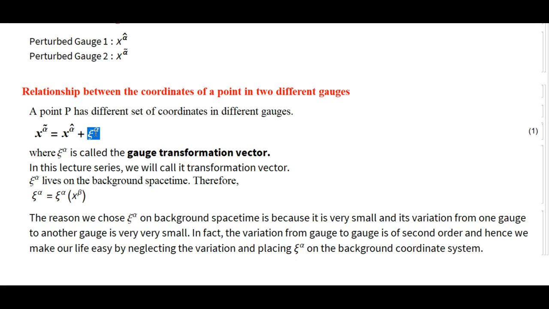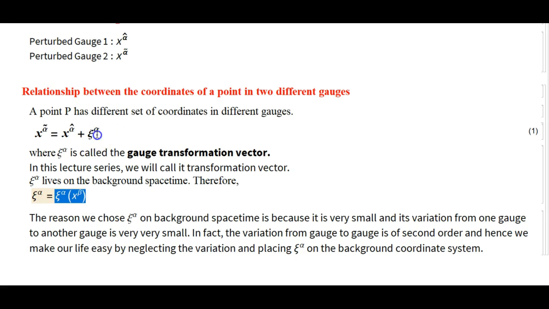Now where do we place this transformation vector? Should we place it on gauge 1 or on gauge 2? These two gauges are perturbed gauges, and the most natural choice is to place this vector on the background space-time.